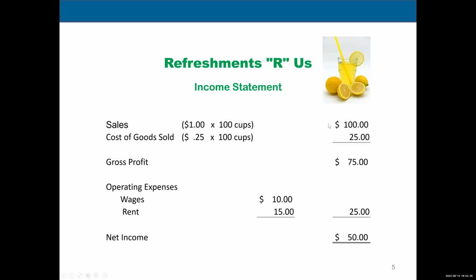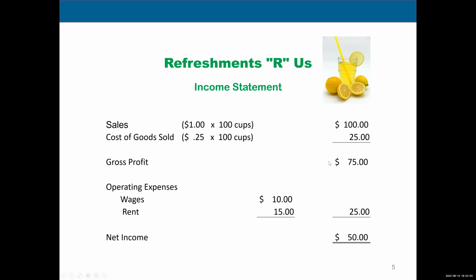This $100 is our sales. This is what we receive from our customers. To earn that revenue, we had to give them the lemonade, right? And this is what that lemonade cost us, $25. So our gross profit would be sales minus cost of goods sold equals gross profit.